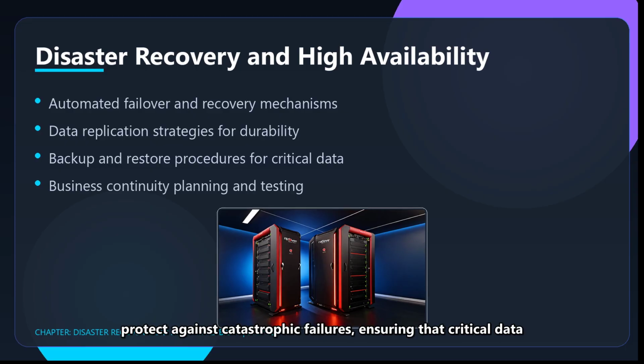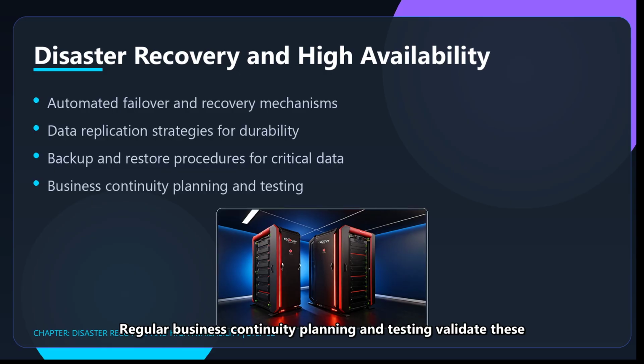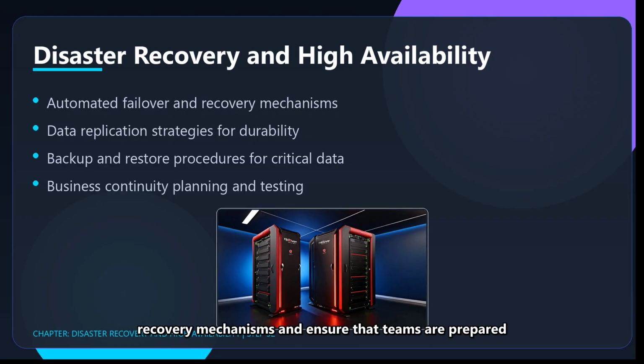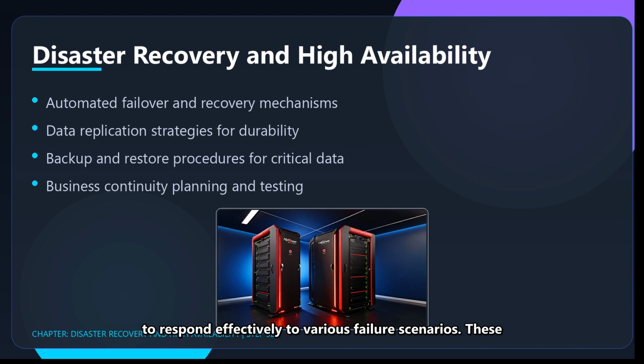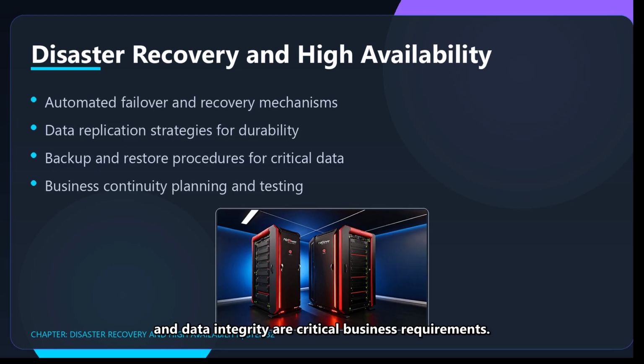Backup and restore procedures protect against catastrophic failures, ensuring that critical data and configuration information can be recovered when needed. Regular business continuity planning and testing validate these recovery mechanisms and ensure that teams are prepared to respond effectively to various failure scenarios. These capabilities are essential for production environments where uptime and data integrity are critical business requirements.